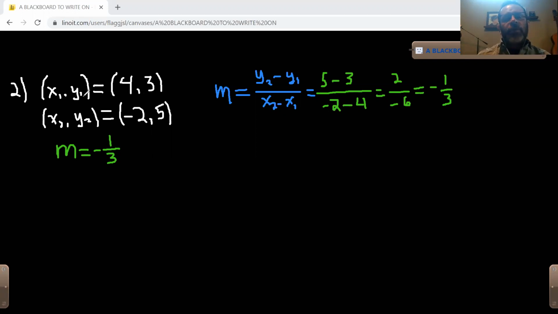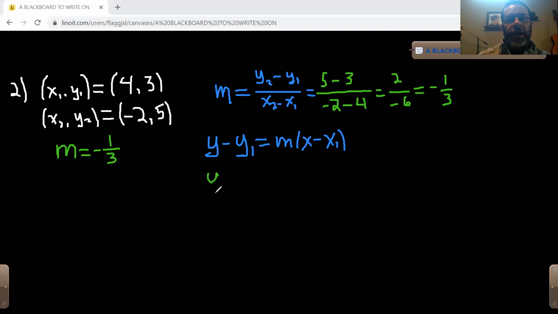I called this one x1, y1, but we could use any of the 2 points to find the equation. And again, we're going to be using y minus y1 equals m times x minus x1. Okay, and so we've got the expression here.